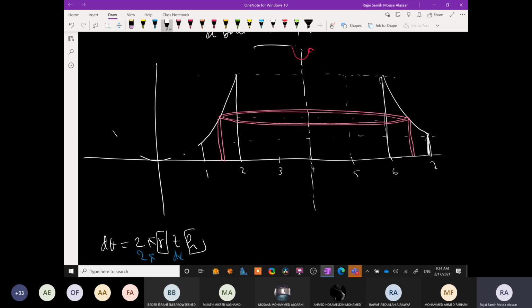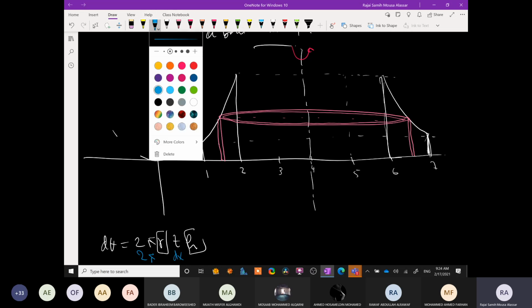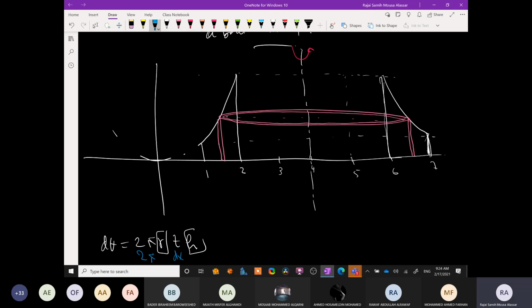So what is this r? Okay, let's look at the graph. Isn't this my r? Yes or no, Asham? Yes, doctor. And what is it from here to here? It's 4.